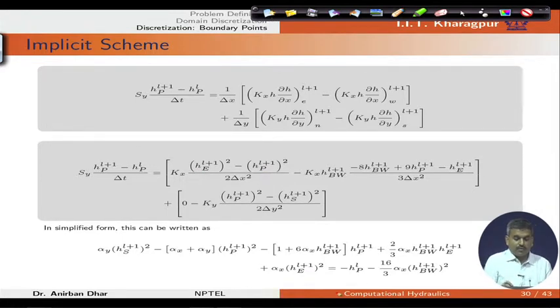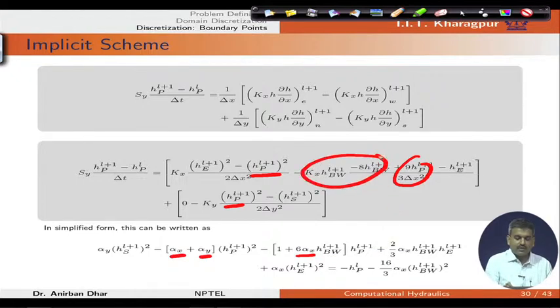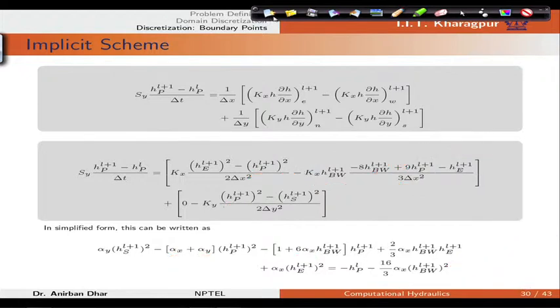So, only one alpha x is coming here. From here we are getting 1 alpha y. Again from here I am getting this 6 alpha x H B W, and we need to transfer this on the right hand side. In this case this alpha y h s square, this term is there.